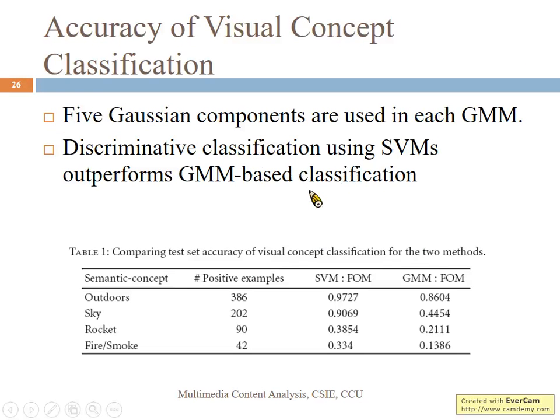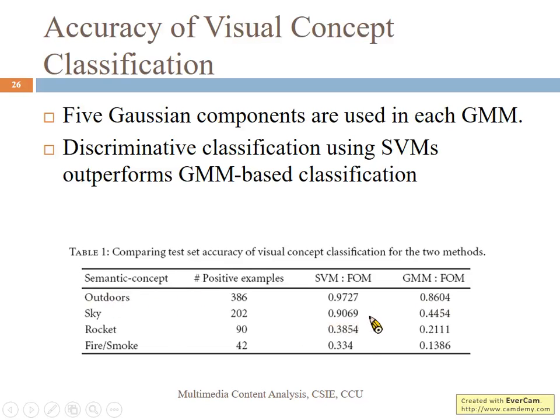Here is the accuracy of visual concept classification. When they model the visual concept by Gaussian mixture model, they use 5 Gaussian components. If they use discriminative classification, they use SVM. From this table, for the concepts outdoor, sky, rocket, fire, and smoke, when they use SVM, the accuracy is around 0.97, compared to 0.86 for the outdoor concept.